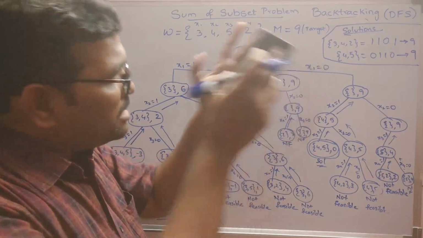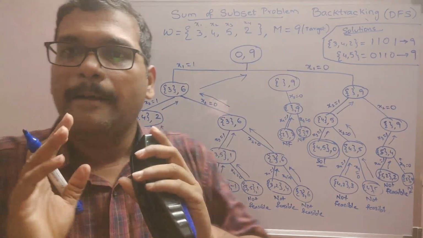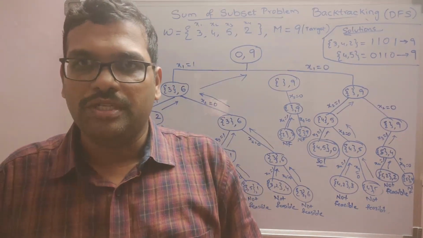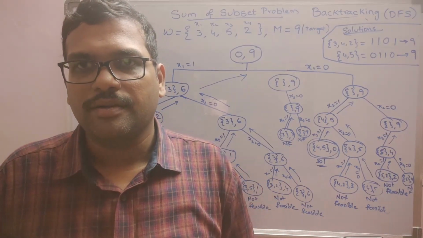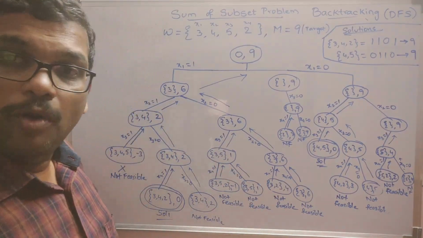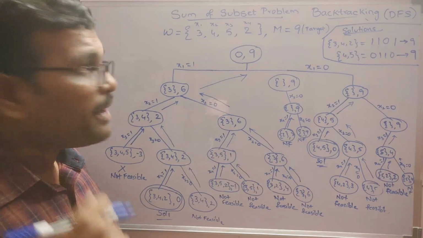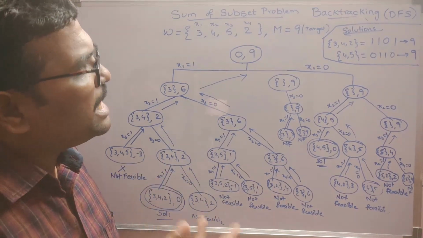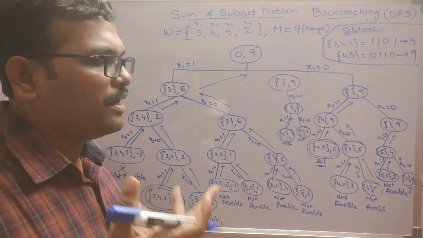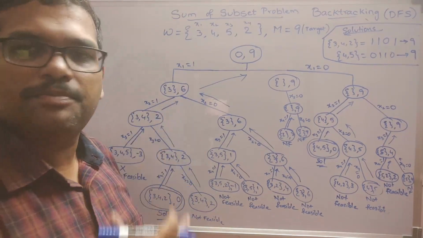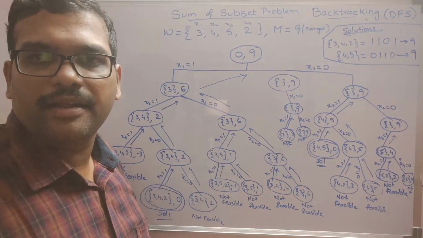And backtracking is mainly to identify multiple feasible solutions, not the best or optimal solution. Hope you understood this one, and practice with more examples so that you can get a complete clear-cut idea about the sum of subset problem using backtracking.